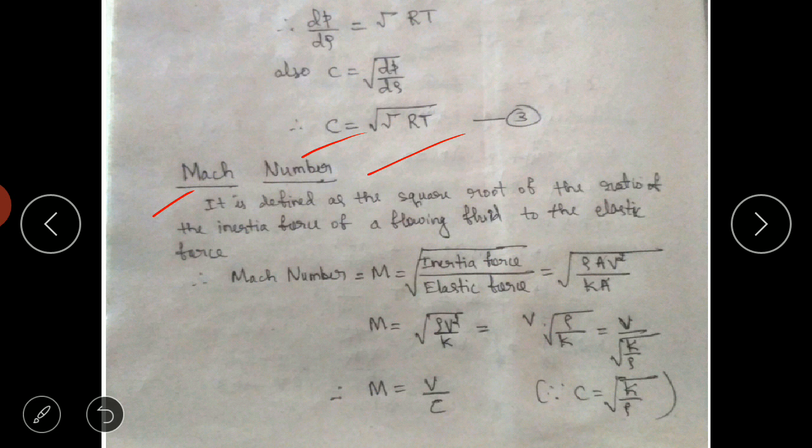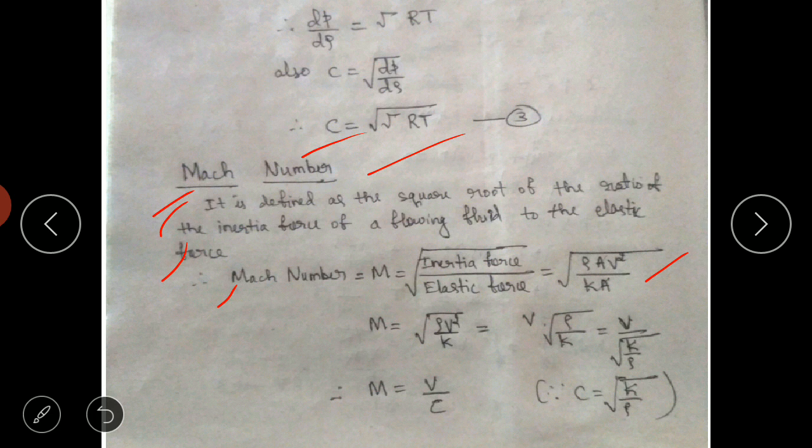It is defined as the square root of the ratio of the inertia force of a flowing fluid to the elastic force. Earlier also it has been defined: the inertia force is rho A v squared, divided by K A, where K is the bulk modulus.